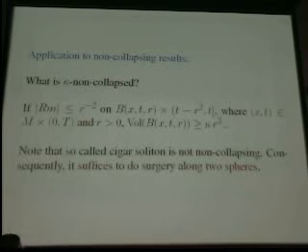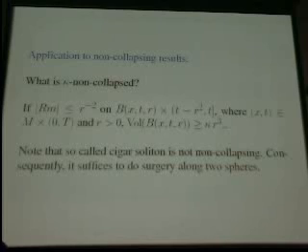The cigar soliton is one particular solution for Ricci flow, a special solution, and it has a shape of a cigar with a very infinite end, and so it's a two-dimensional thing.